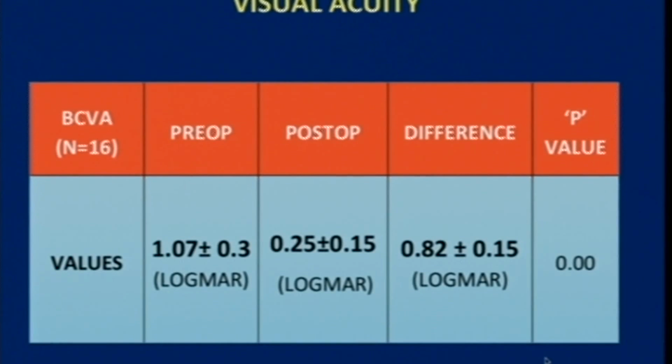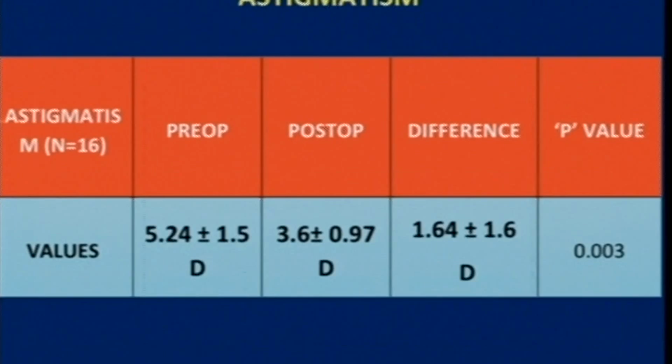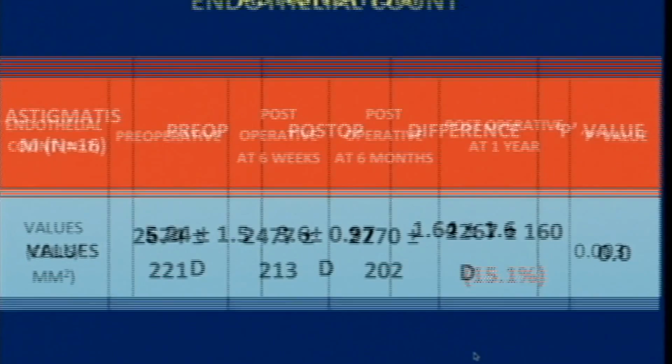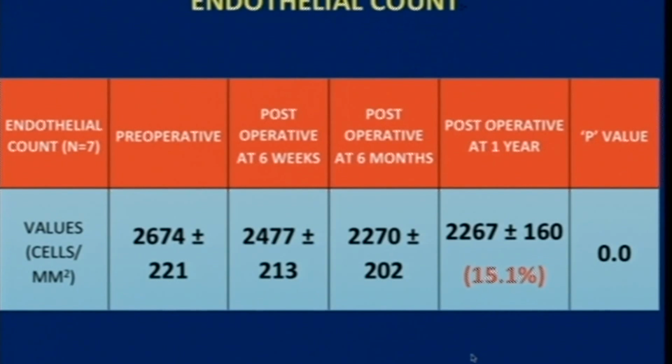The patients improved significantly. Visual acuity improved from 1.07 logMAR to 0.25 at the end of 1 year after all the sutures were out. There was significant astigmatism, but it had dropped from 5.24 to 3.6 diopters, which was a significant p-value. Post-operative endothelial cell count had decreased.